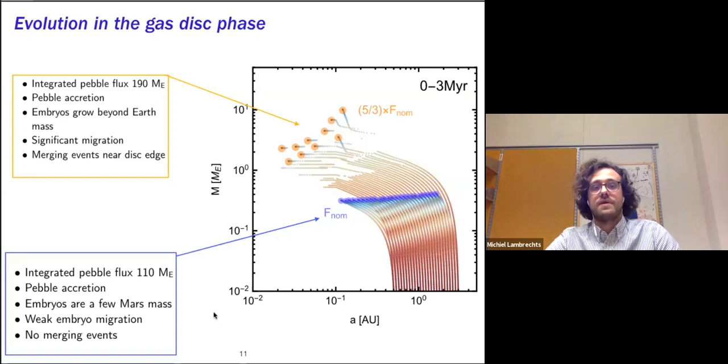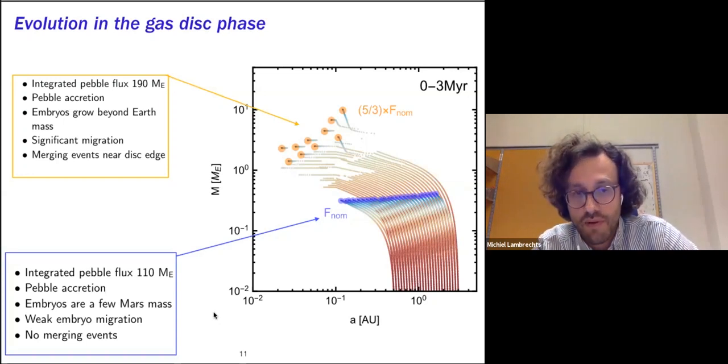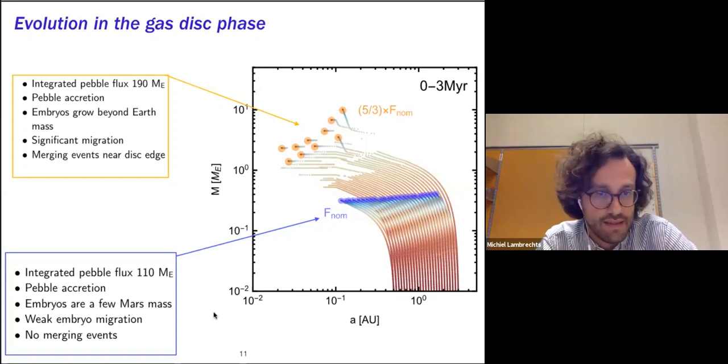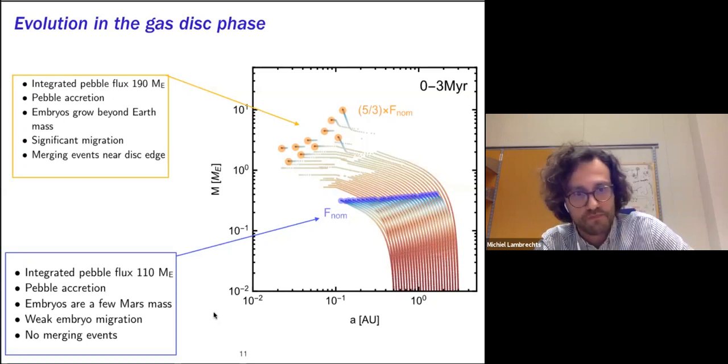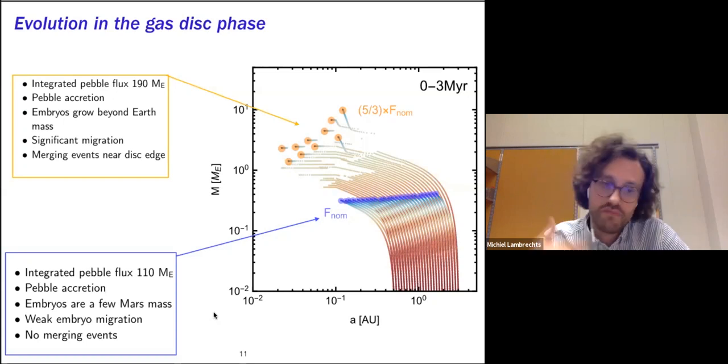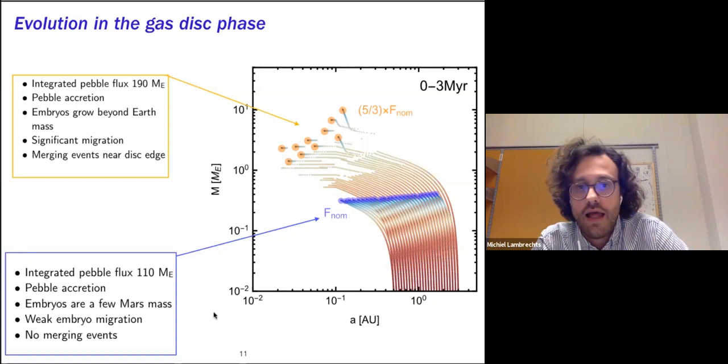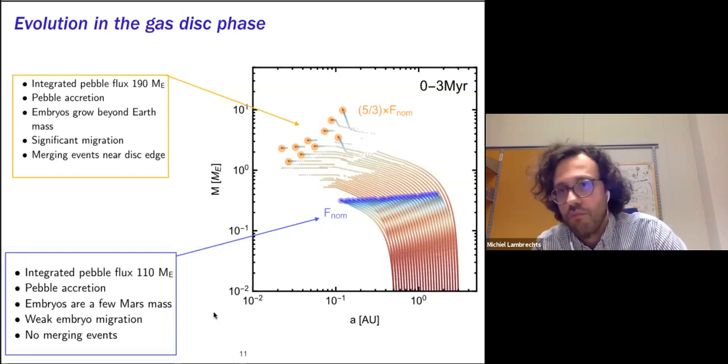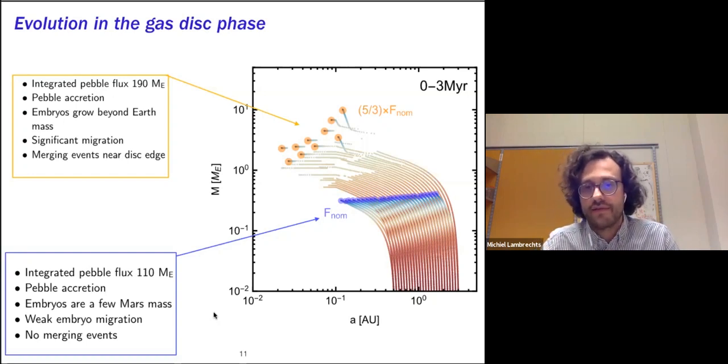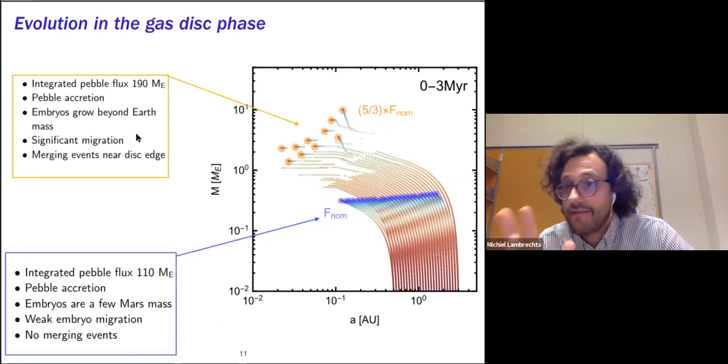This is the case where the integrated pebble flux is about 110 Earth masses. You see the effect of pebble accretion that drives the mass growth, and the bodies grow to a few Mars masses in size. There's not so much migration because the bodies are small, and we have no merging event. It's actually a very quiescent system. Then we change the pebble flux by less than a factor of 2.